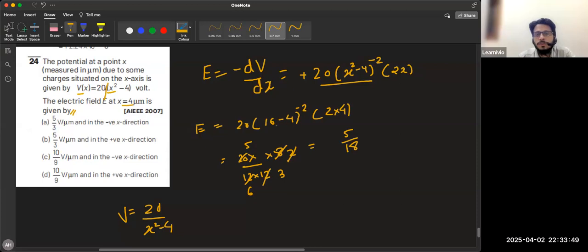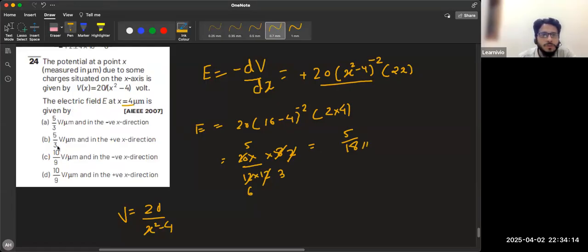So it's 20, 16 minus 4 is 12. 12 square is 12 into 12. It's 8, 4 2s are 8, 4 3s are 12, 2 6s are 12. Yes, 5 by 18 only. Yes, it will be 5 by 18 only.